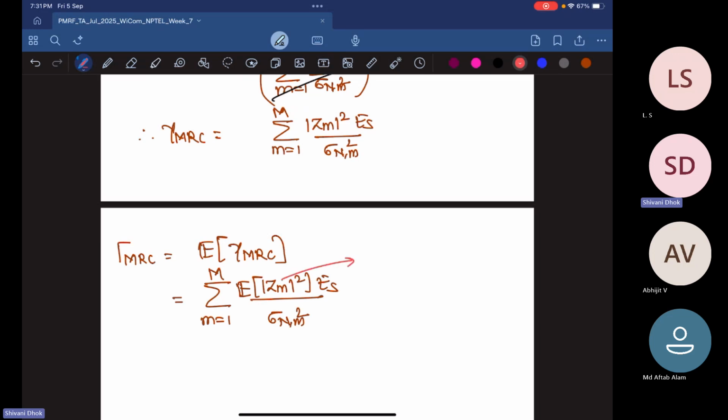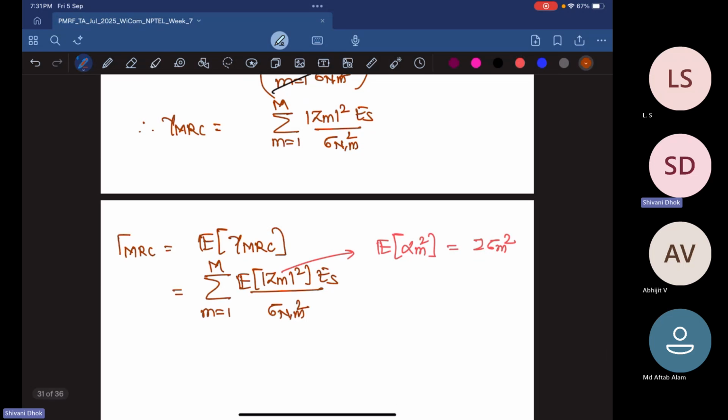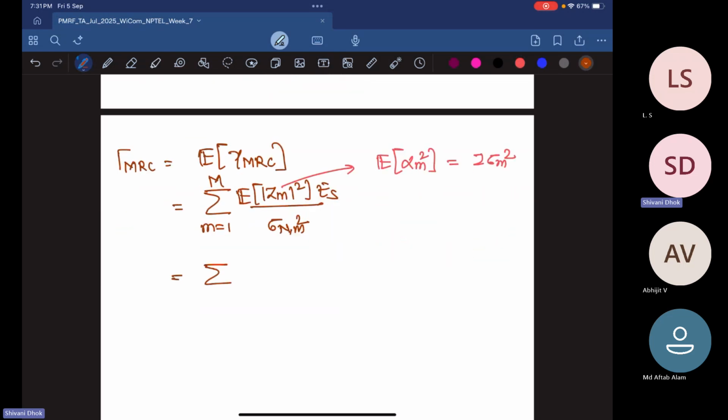And the expectation of magnitude of Zm square is alpha m square, which is basically equal to 2 times sigma m square. So this is equal to summation m equal to 1 to capital M 2 times sigma m square into Es by sigma nm square. So this is essentially summation m equal to 1 to capital M gamma m.